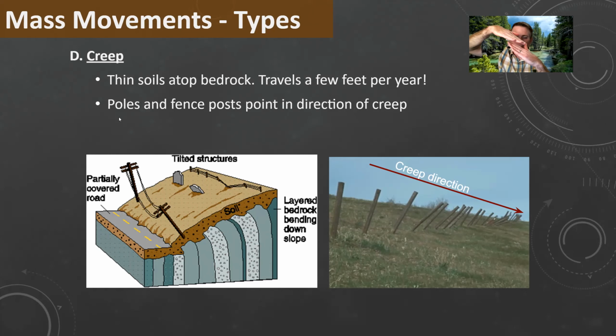But it gently slides downhill, and as it does, the things in the soil start tilting with the direction of the flow. So when you see the fence posts pointing over like this, the whole hillside is slowly moving in that direction. That's called creep.